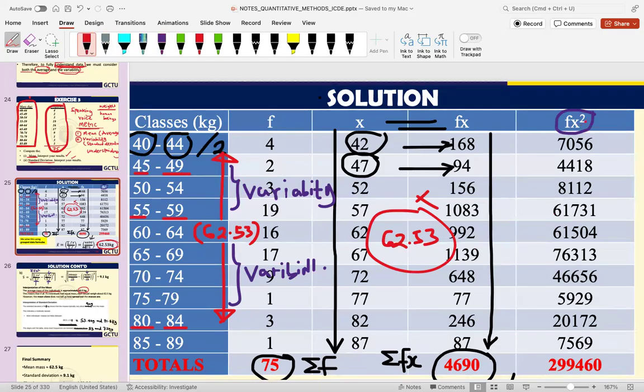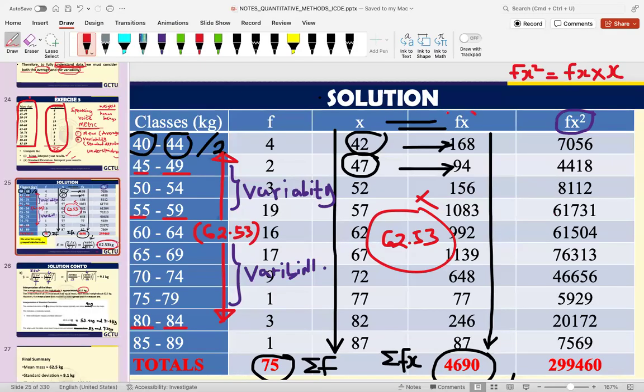Look at the x. The x is squared. So it means that this fx squared can be written as fx, like this, multiplied by x. When you put the two together, it will give you fx squared.